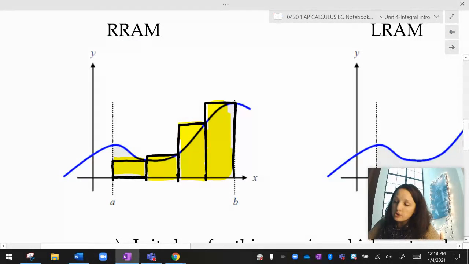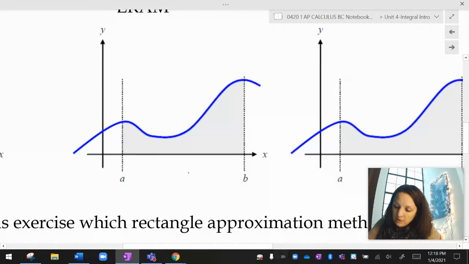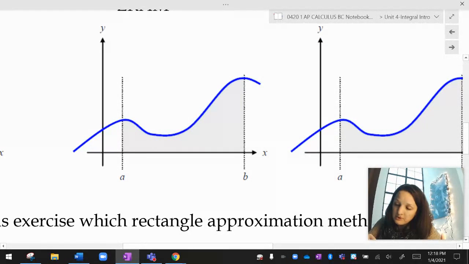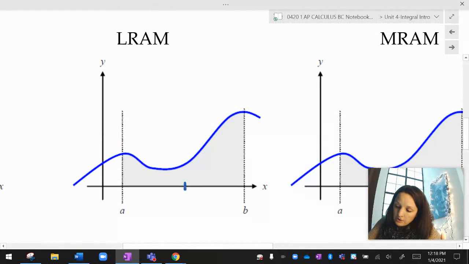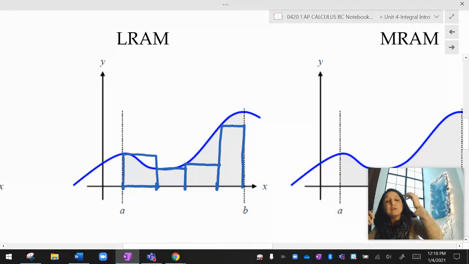If instead you were going to do LRAM, we start the same way by finding the subintervals. I'm going to break this into four subintervals. Then I start on the left-hand side of each interval and go up until I hit the curve, over and down. Notice how I'm using the left endpoint of each subinterval, drawing up until I hit the curve, and then going over and down.